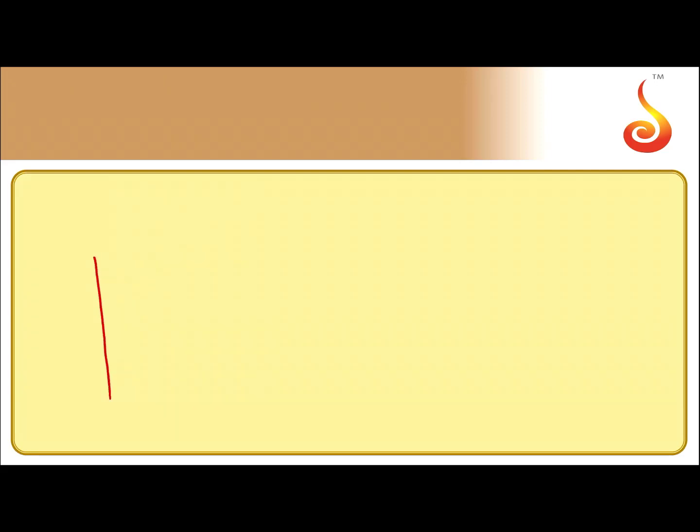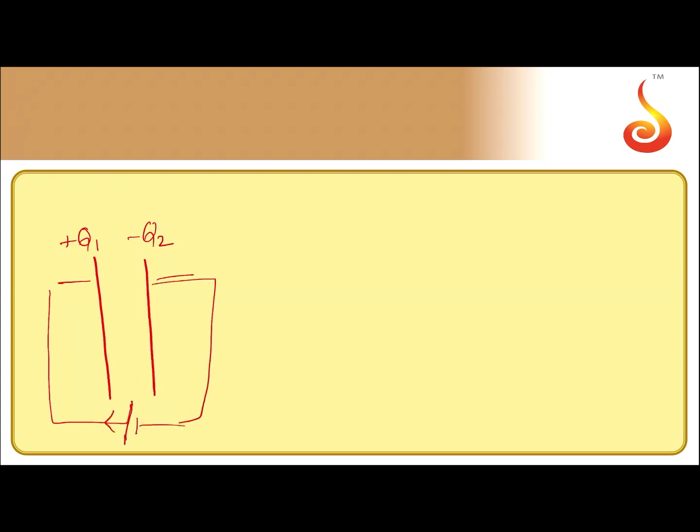So if you consider the plates of a parallel plate capacitor, this is given plus Q1 and this is given minus Q2. And remember, this is because of the battery connected to the plates. Now, the charges supplied by the positive and the negative terminals of a battery are always equal and opposite.